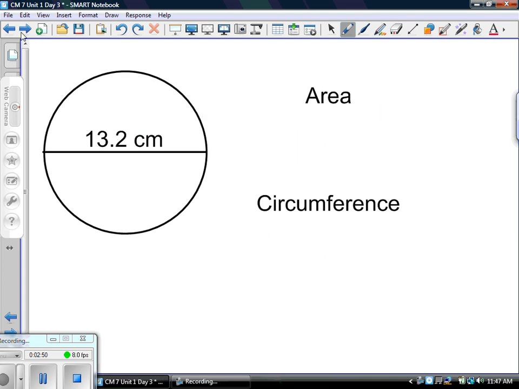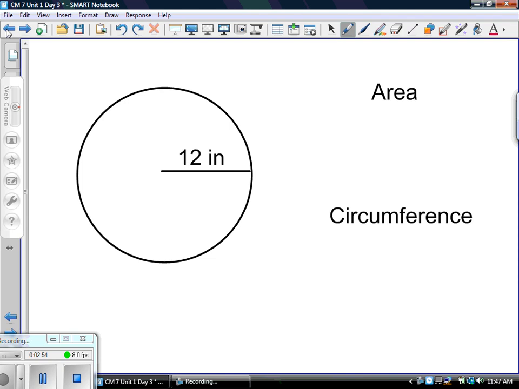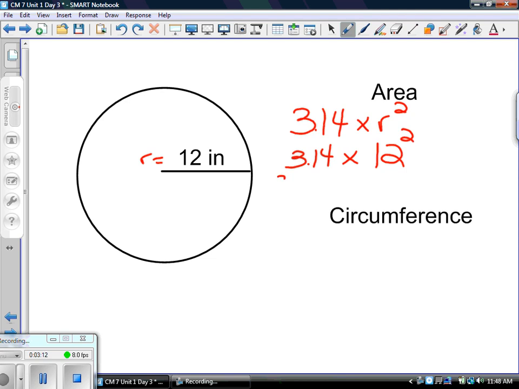Let's do an example. So, I went a little too far. We're going to come back to this one. In this example, you are given the radius, because you go from the center to the outside, so we know this is the radius. We know that the area formula is 3.14 times the radius squared, so let's plug in 12. We know that 12 squared is 144.